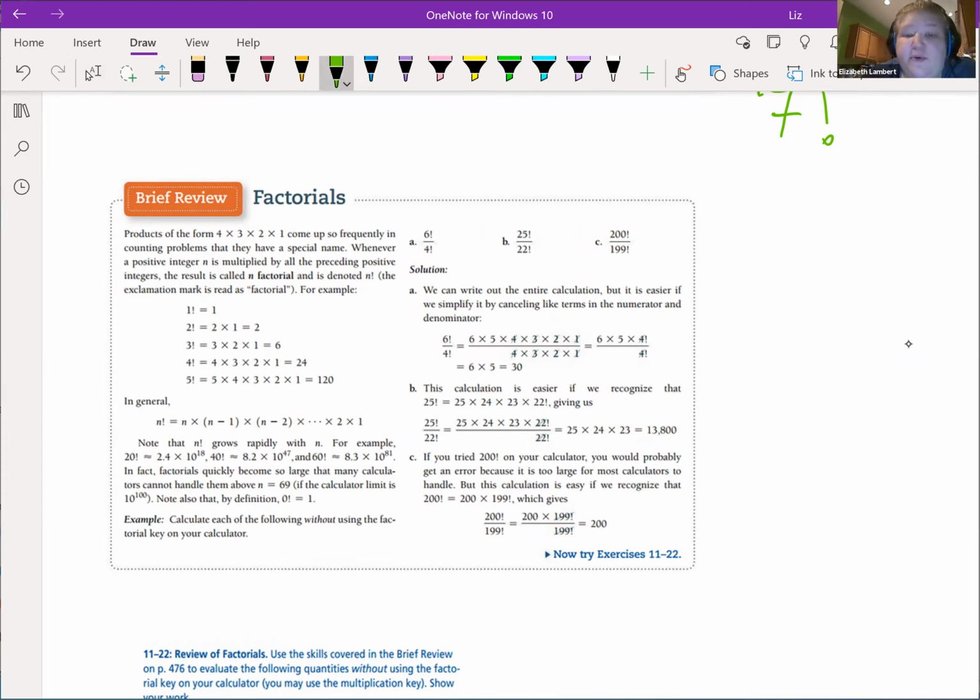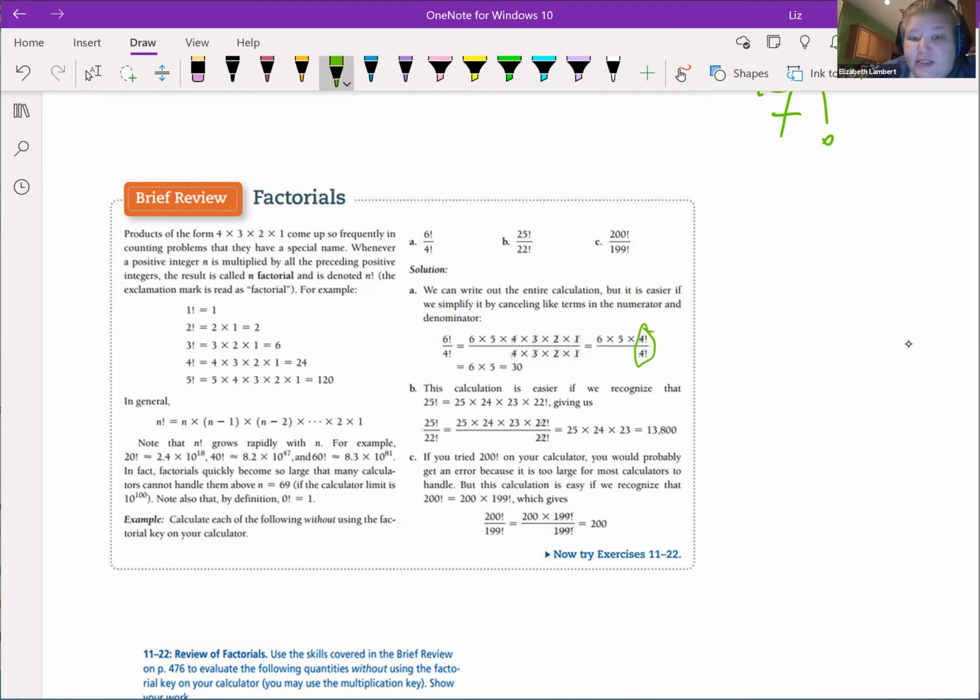All right, so they give us a couple of fractions here, and they say do it without using the calculator, meaning these are not going to be as bad as they look. So 6 factorial over 4 factorial, they wrote it all out, and then notice everything in the 4 factorial canceled with some of the numbers from the 6 factorial. In fact, everything from 4 down was 4 factorial.